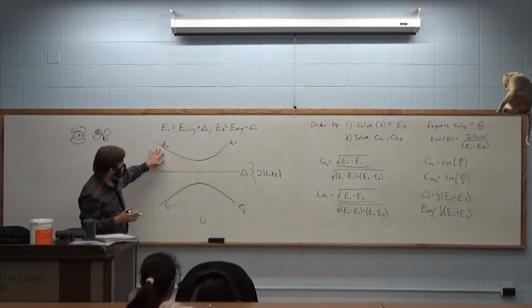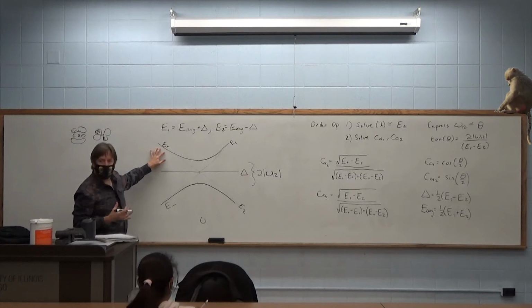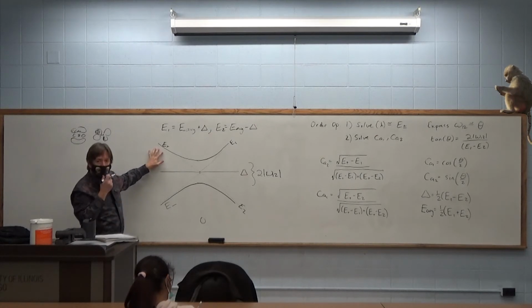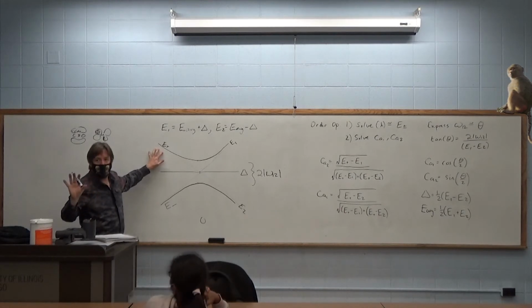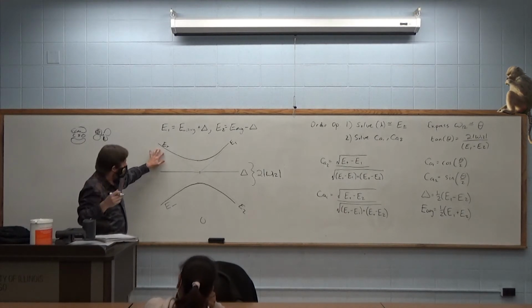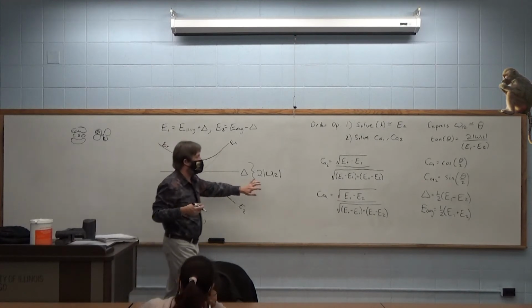Now you can see here, if E2 is higher in energy than E1, then the higher state, maybe this is like the anti-bonding state, this is the excited state, I don't know, depending on what you're really modeling. You can see it's mostly going to have E2 character, and you can also figure that out from here.